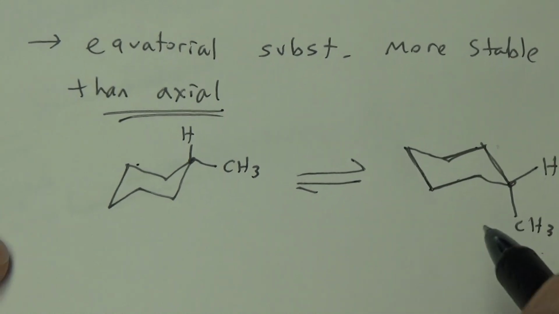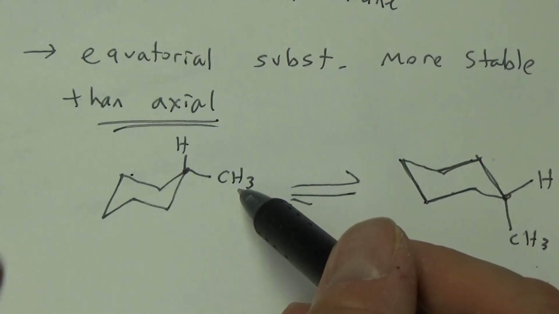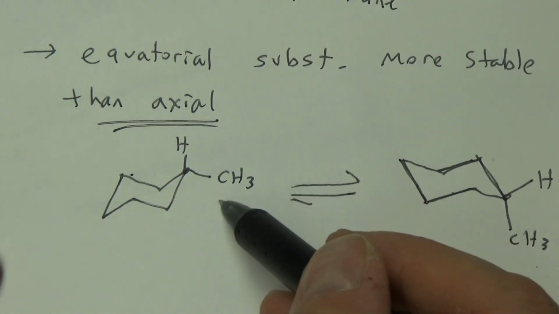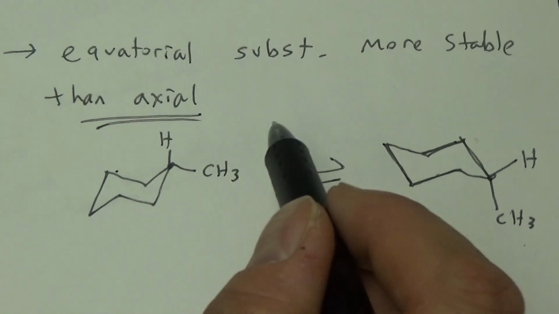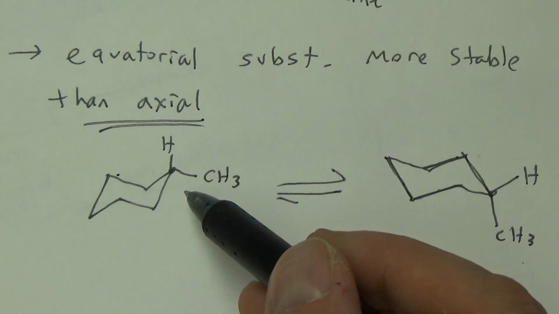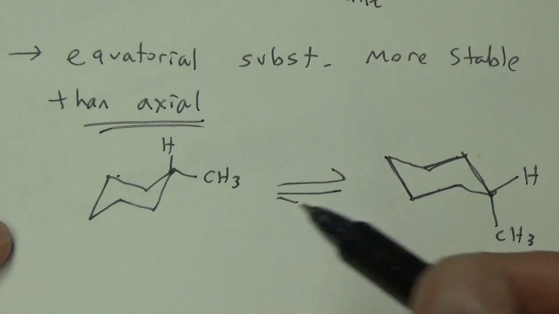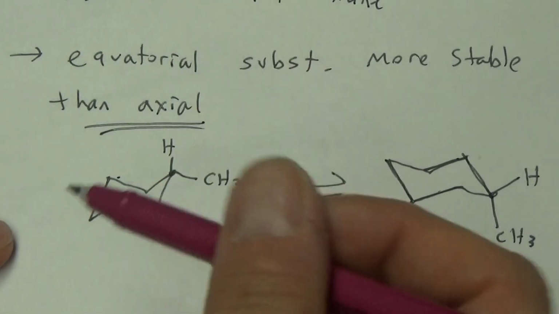Which is more stable? I already said equatorial substituents are more stable. The CH3 is the large substituent, because H is also a substituent, but the H doesn't really matter in terms of where it is. CH3 does matter. Why? Let's write more stable, less stable.